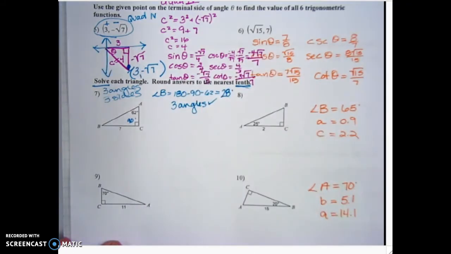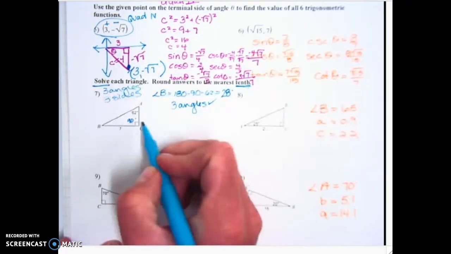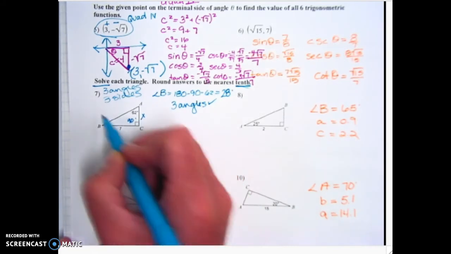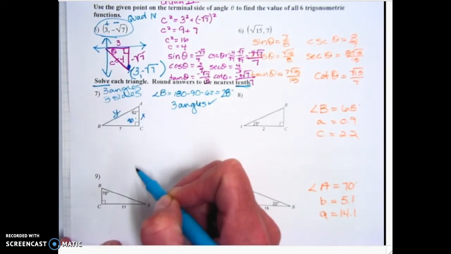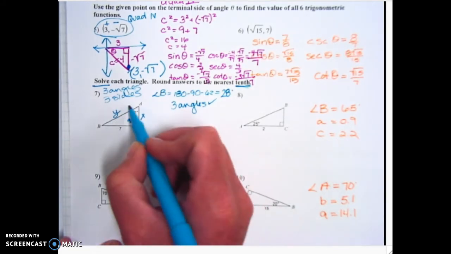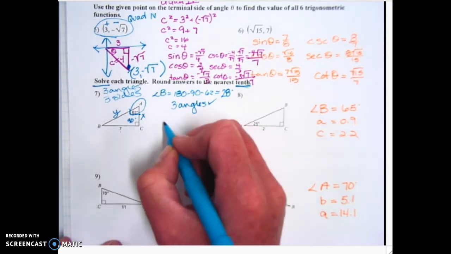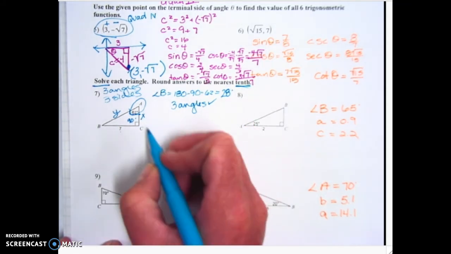Now we just need all 3 sides, okay? So we've got one side. Let's call this side over here X and this side over here Y. So we'll solve for X first. From angle A right here, we know the opposite and we want the adjacent. So opposite and adjacent is tangent.